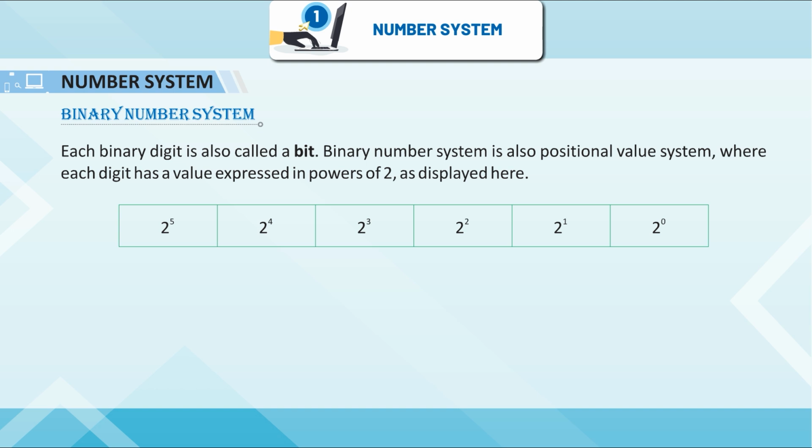Binary number system is also a positional value system where each digit has a value expressed in powers of 2 as displayed here. 2 to the power of 5, 2 to the power of 4, 2 to the power of 3, 2 to the power of 2, 2 to the power of 1, 2 to the power of 0.